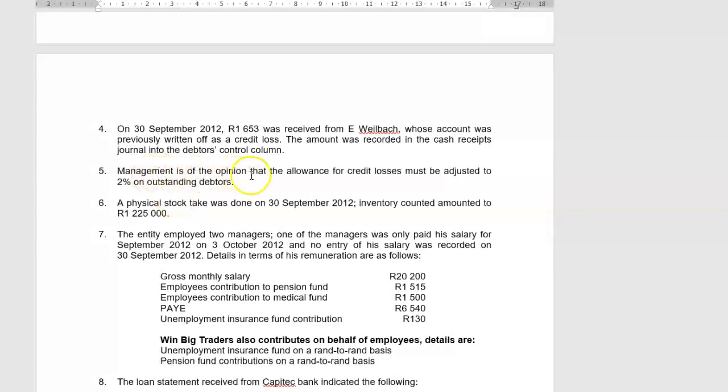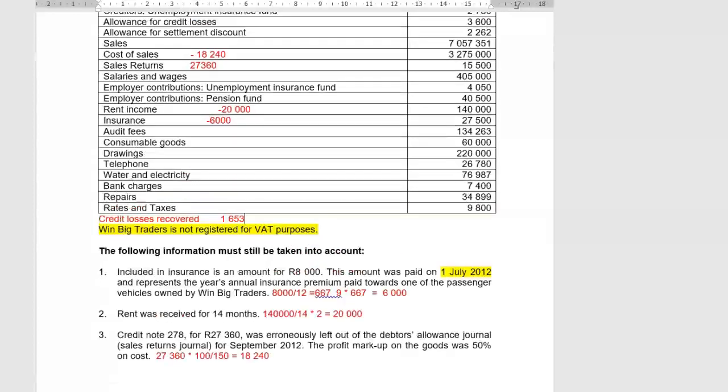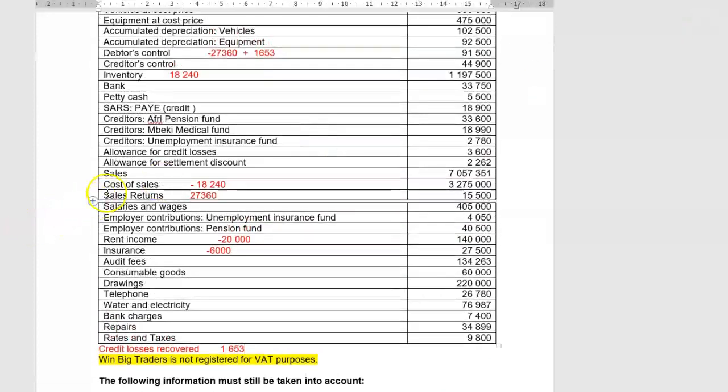Now, management is of the opinion that the allowance for credit losses must be adjusted to 2% of outstanding debtors. Now, what is our outstanding debtors at this point of time? Our outstanding debtors equals our 91,500 less 27,360.